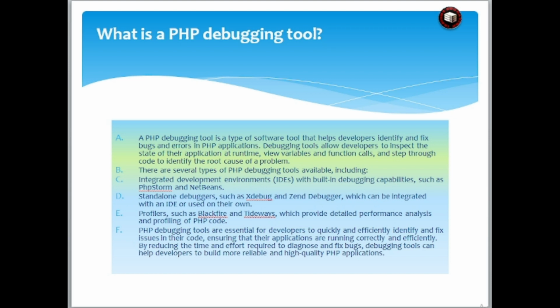Next, PHP debugging tools. Debugging tools are a type of software that helps developers identify and fix bugs and errors in PHP applications. Debugging tools allow developers to inspect the state of their application at runtime, view variables and functions, step through code and identify the root cause.